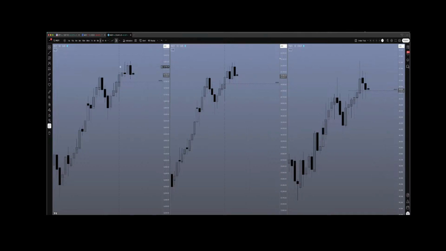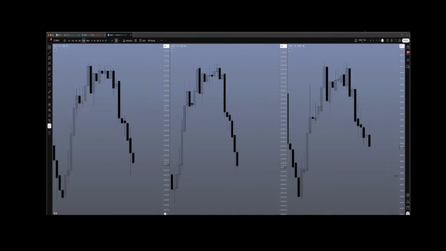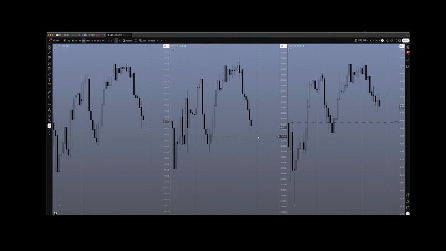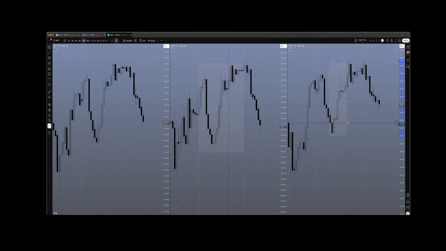Let's see what Asia's done anyway. It's dropped down to the 15. Looks like Asia's expanded. I mean, oh no, it's ranged. Let's profile the sessions of the day, see where we are.